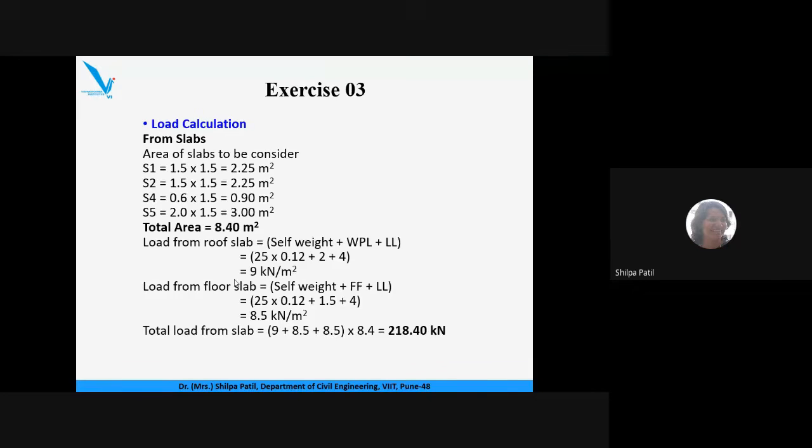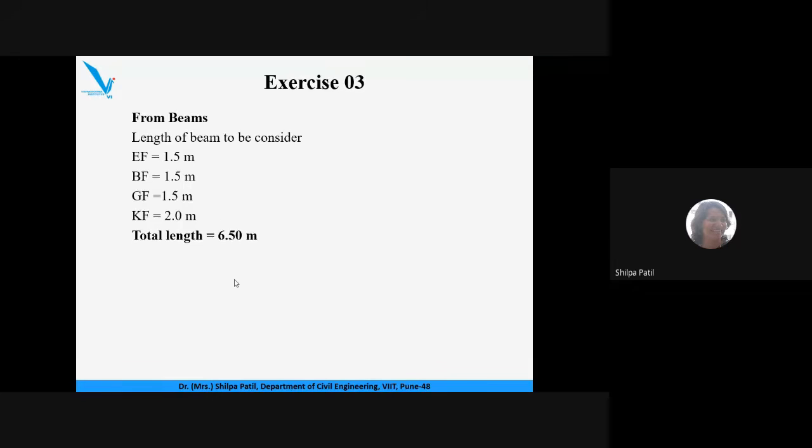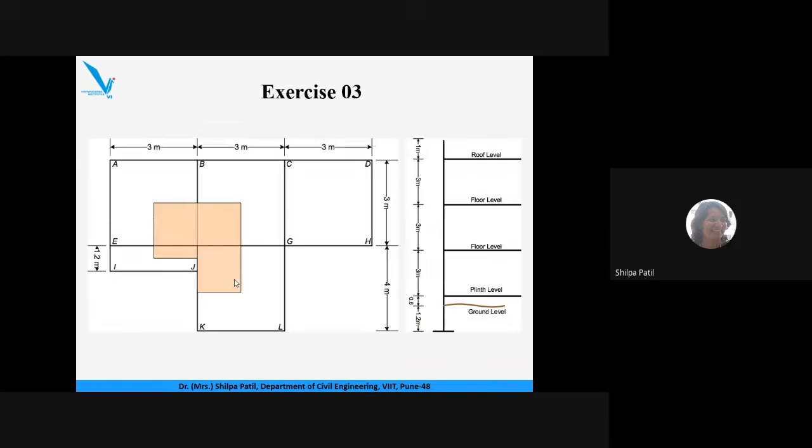Okay, so this is for the load calculation coming from slab. Now from beams, there are beams also along with the slabs. So again, the length of the beams which we have considered, it will be half length. I will go back to the diagram again. Just keep in mind these names of the beams: EF, BF, GF, and KF.